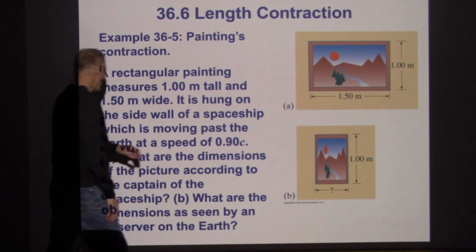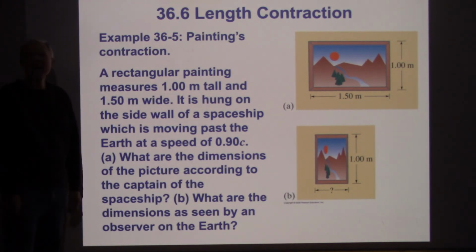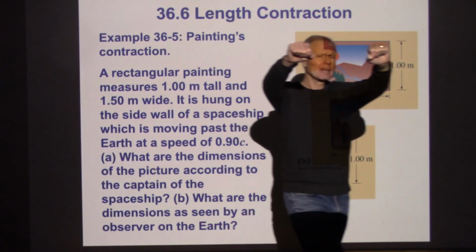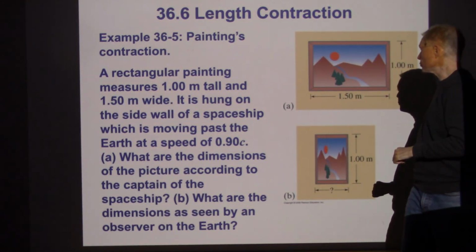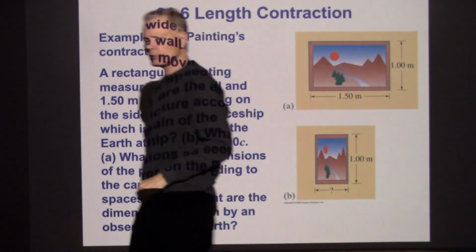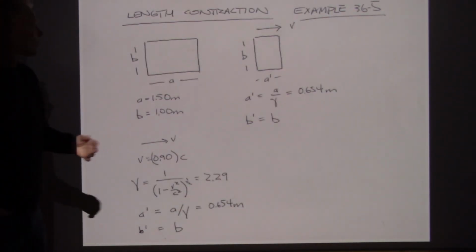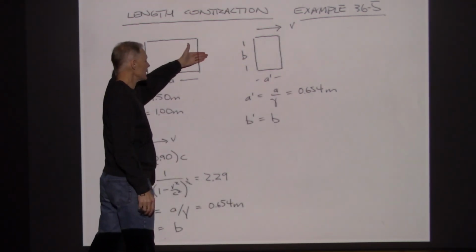It's on the side of a spacecraft. The spacecraft goes by, so it's like an advertisement on the side of a spacecraft, and it's going by us at 0.90 c. How much contraction are we going to get? And the contraction is only going to occur along the length where the velocity is.